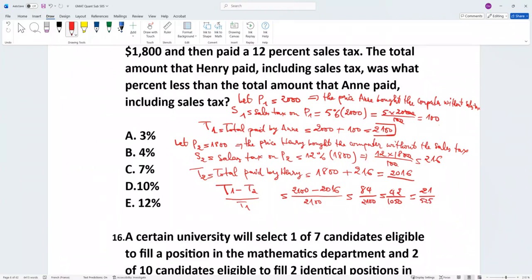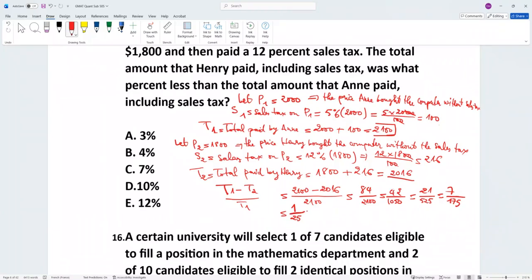This is divisible by 3. This is also divisible by 3. So if we divide by 3, we have 7 over 175. This is divisible by 7, then we will get 1 over 25.